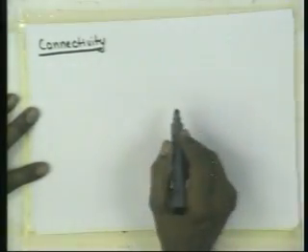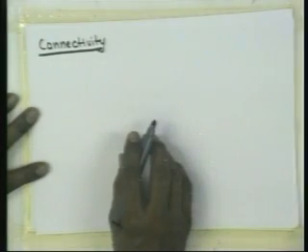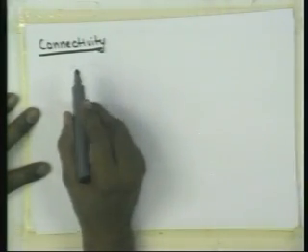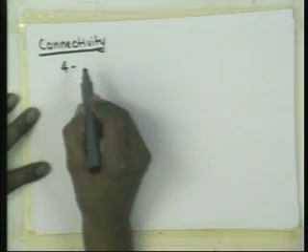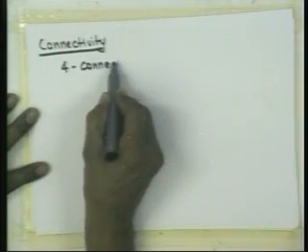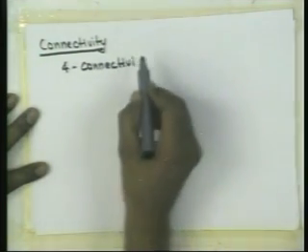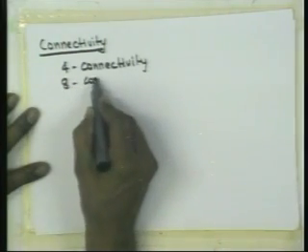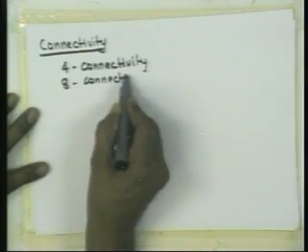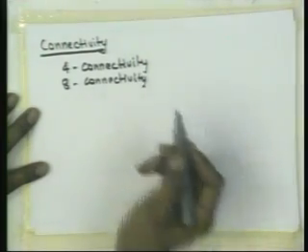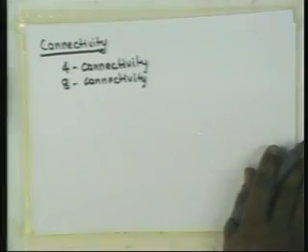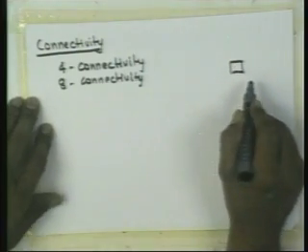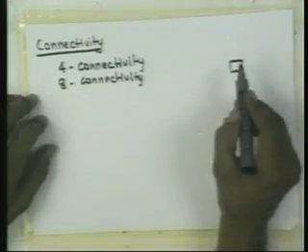Okay, just like the neighborhood, we can define connectivity. Connectivity can be 4 connectivity, or 8 connectivity. But what it means is basically if I am given a pixel here, and I have some neighborhood of this pixel.